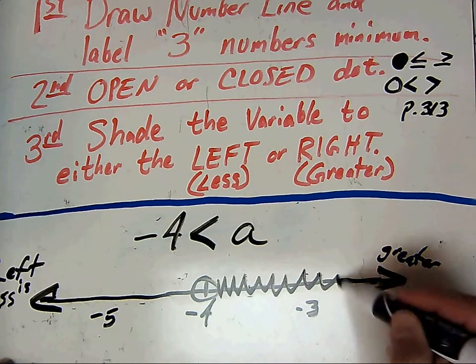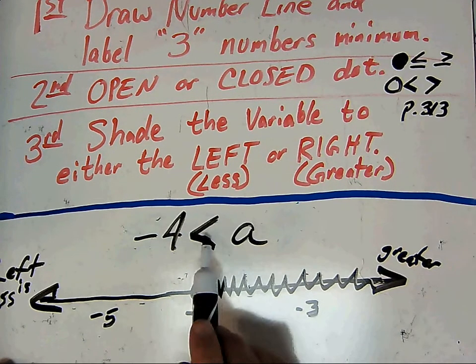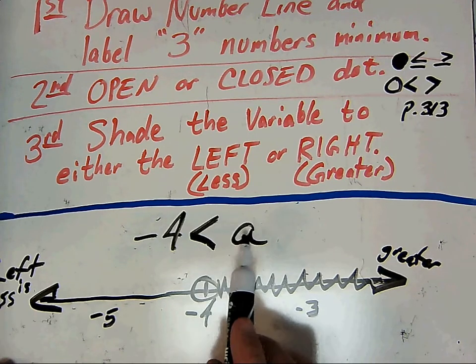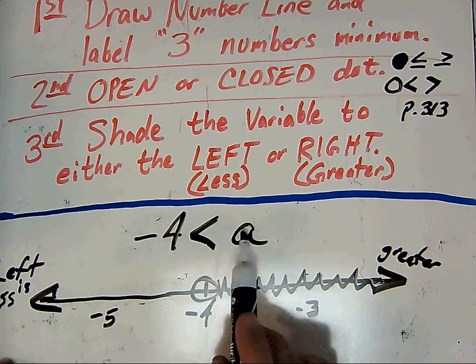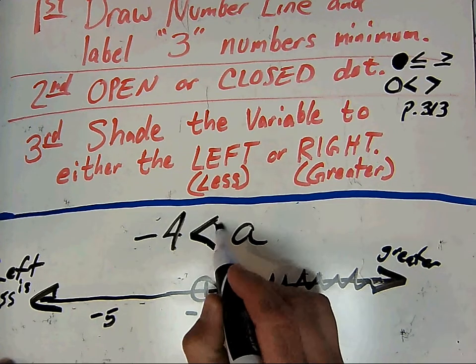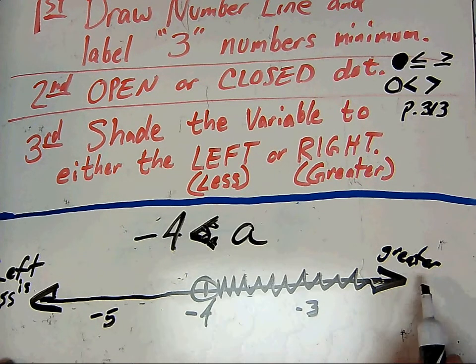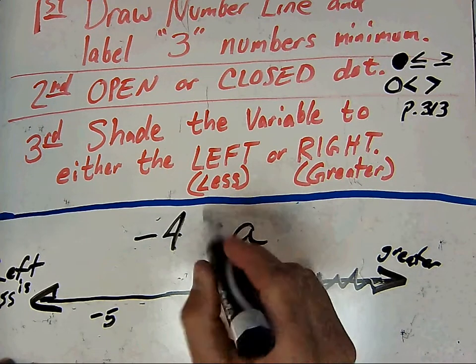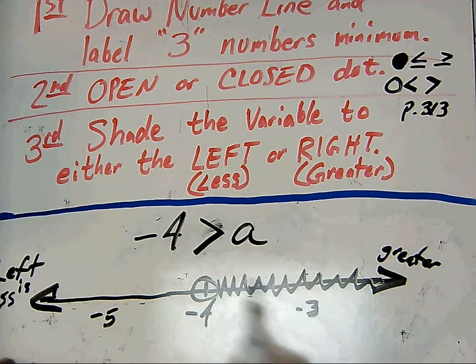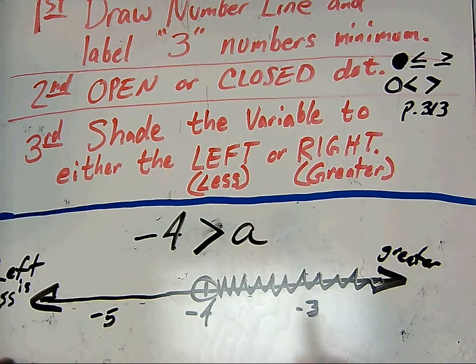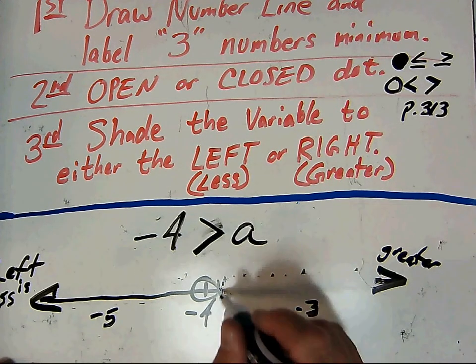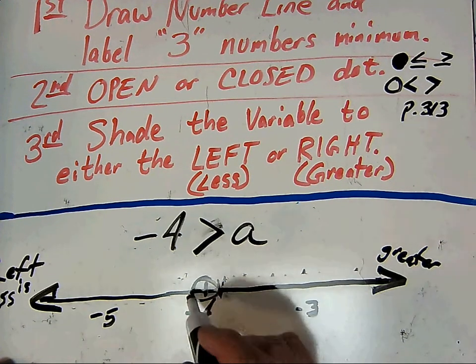You shade to whatever is opened up to the variable. So if it's opened up and it's eating the a, remember the alligator? That means the a is big, so you want to shade to the big side. If it's this way, now it's pointing at the a and going, ha ha ha, you're small. So you want to shade to the less side.